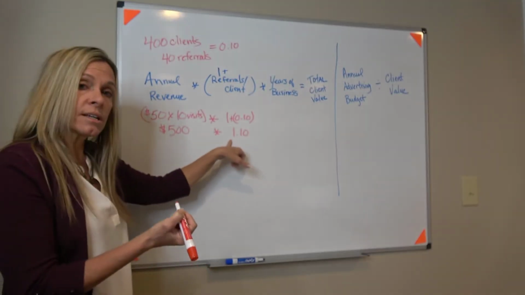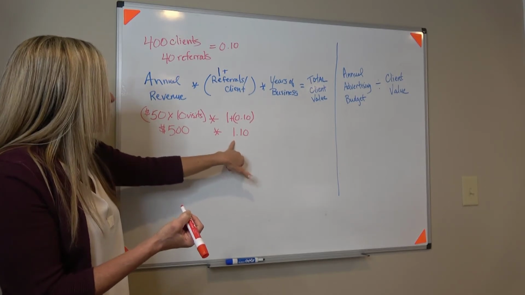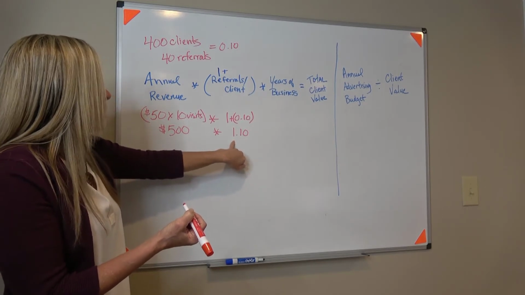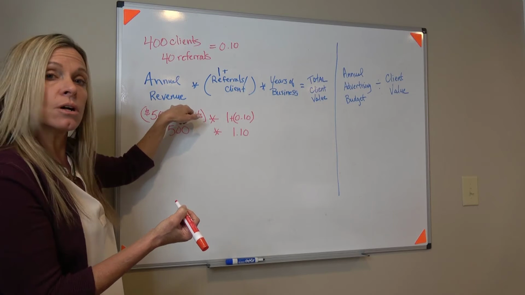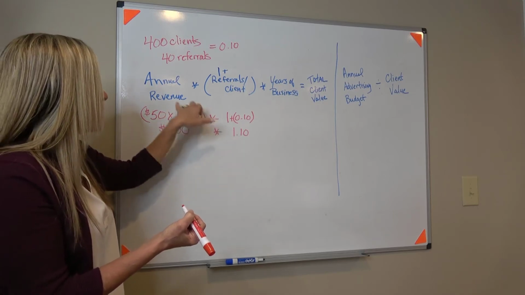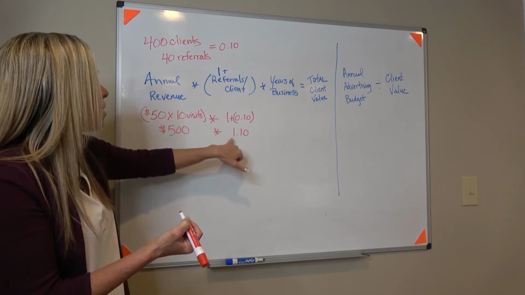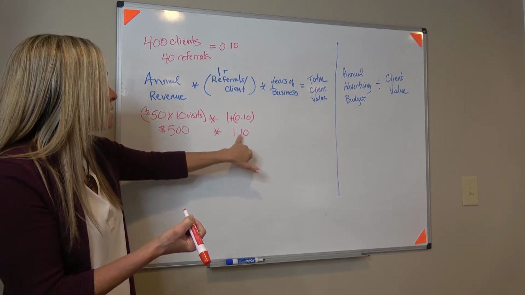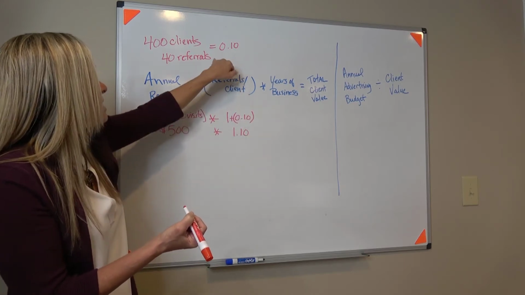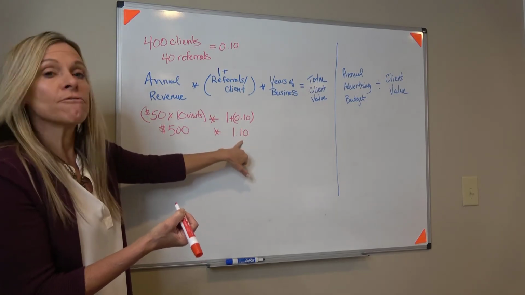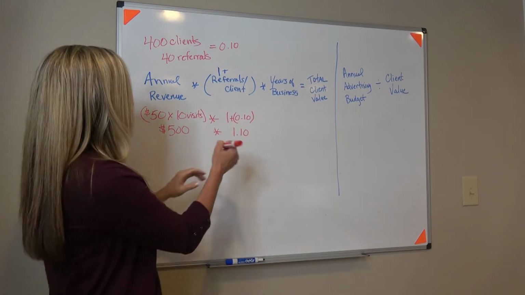And again, just to stress this a little more, the 1 counts the original client. If you don't have that in there, you're discounting them, you're removing them from the formula. So that's why we're adding the 1. And then the 0.10 is giving you the calculation for the referral. It's going to make sense in just a second.